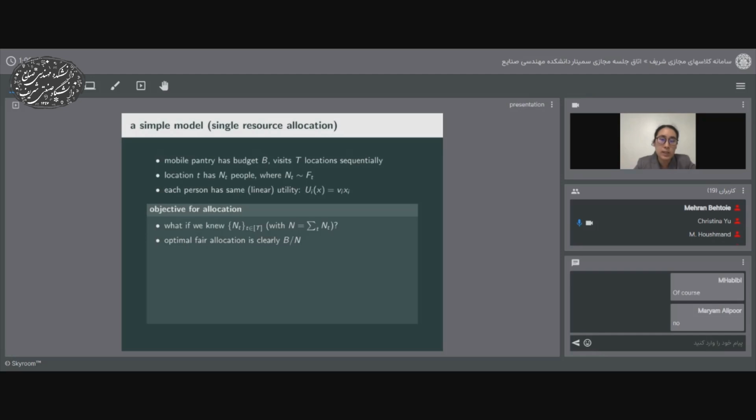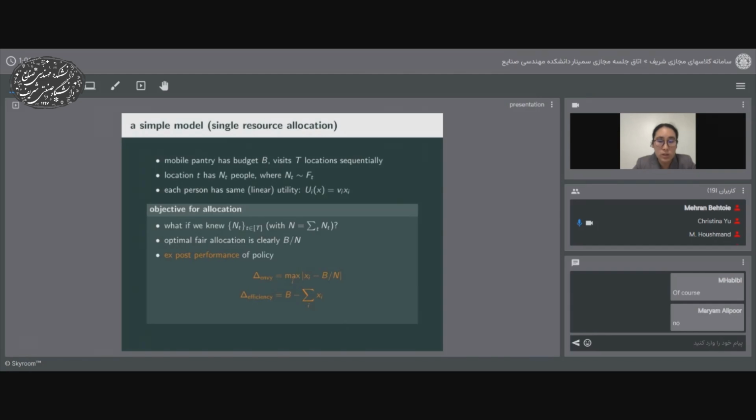This is because we have only one resource and only one type of individual, so the clear optimal fair thing to do is just split it evenly. And how do we evaluate the performance ex post of our policy? Suppose our policy allocates X_i to individual i, then how close are we to the best fair solution?